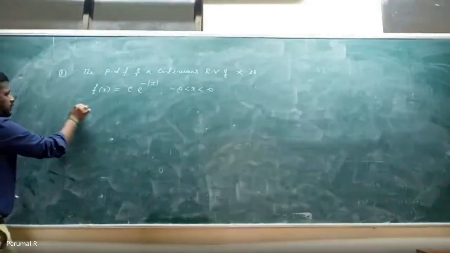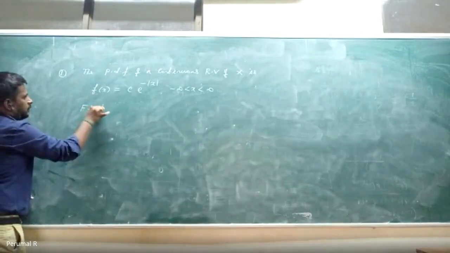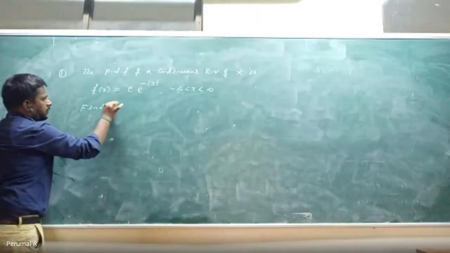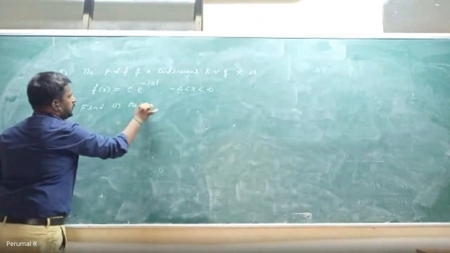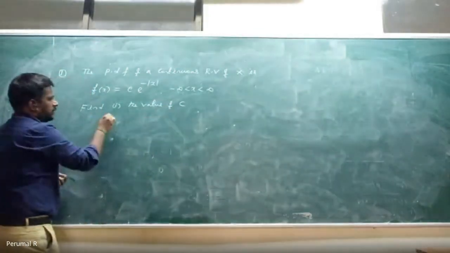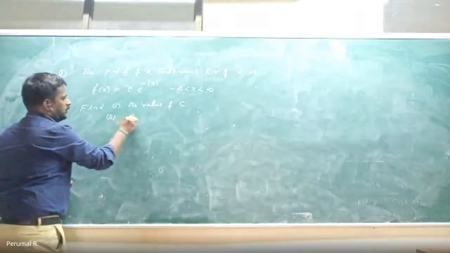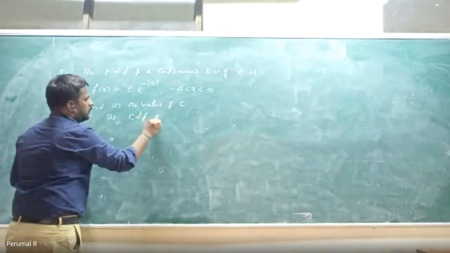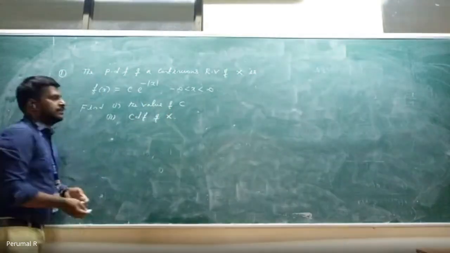Okay, so here the question is asking: find the value of C, and second, the cumulative distribution function of the random variable x.